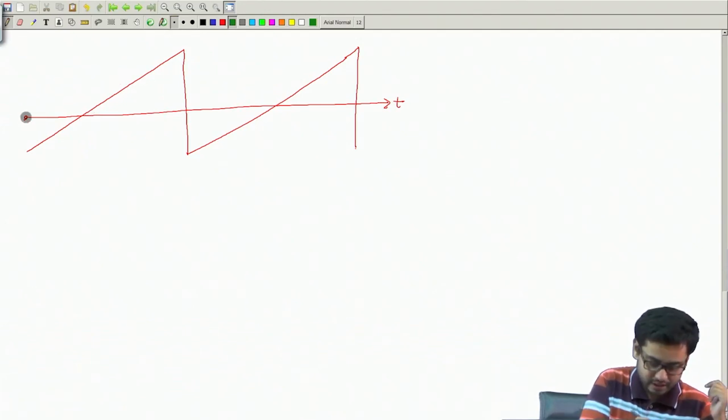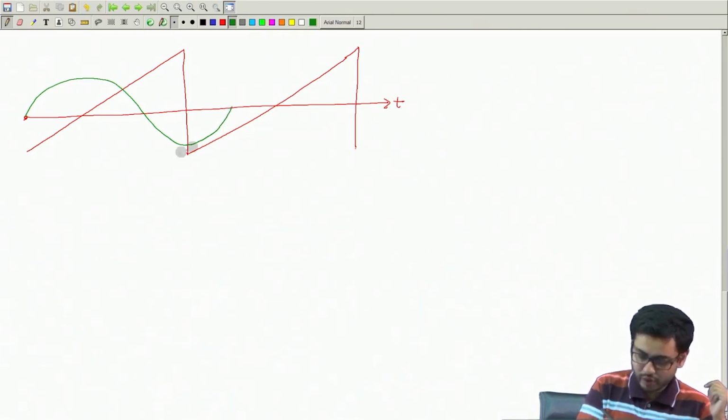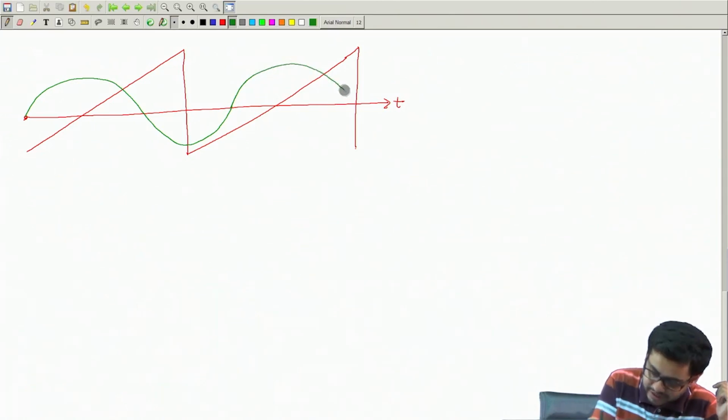Say the input signal completes half a cycle here, then a quarter cycle here, then another quarter cycle, and then half a cycle here.